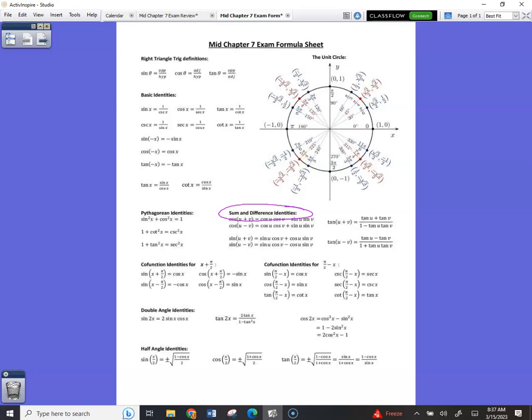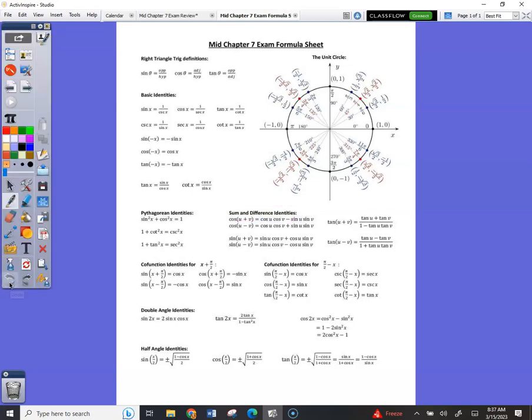Because number 11, let me change to white and come right here. Number 11 says to find sine of 11 pi over 12. Then the directions say use the sum and difference identities, which means go to the sum and difference identities, looking clearly at which trig function? Sine. So that narrows it down.